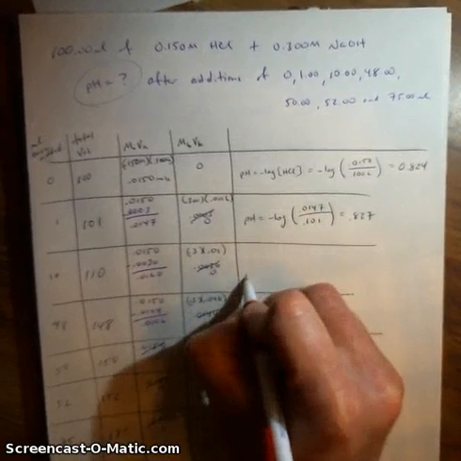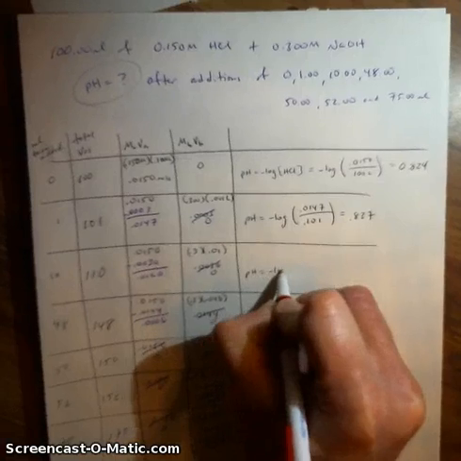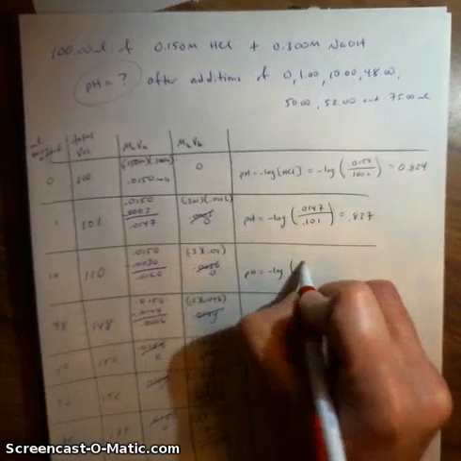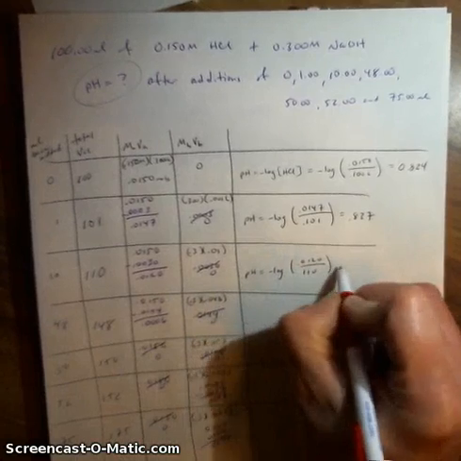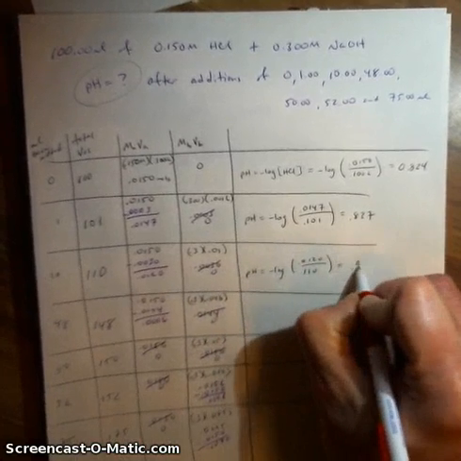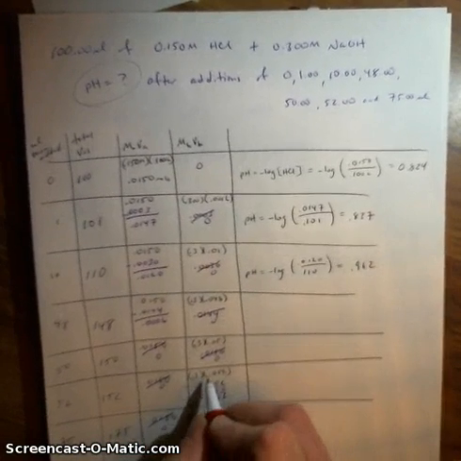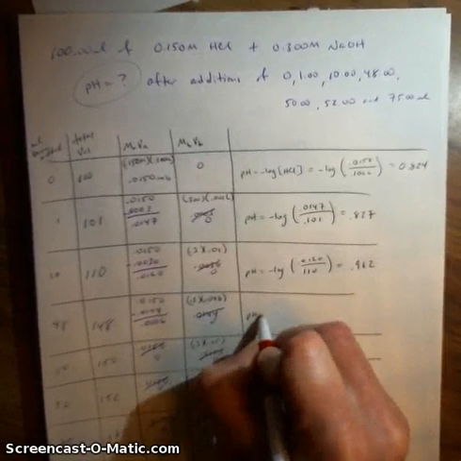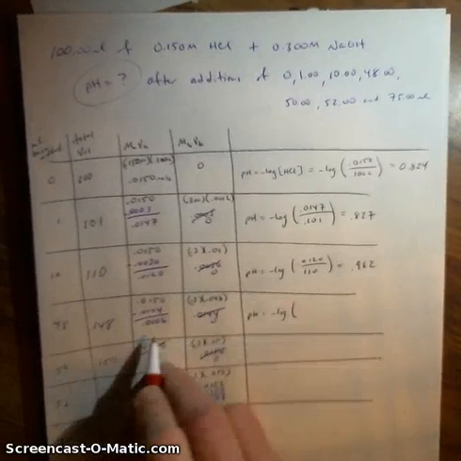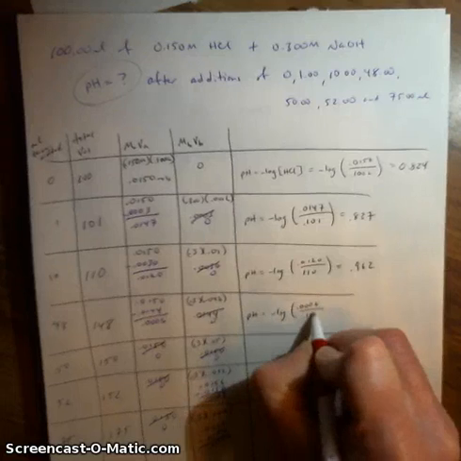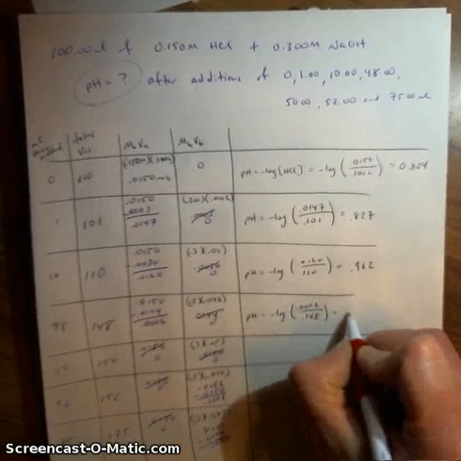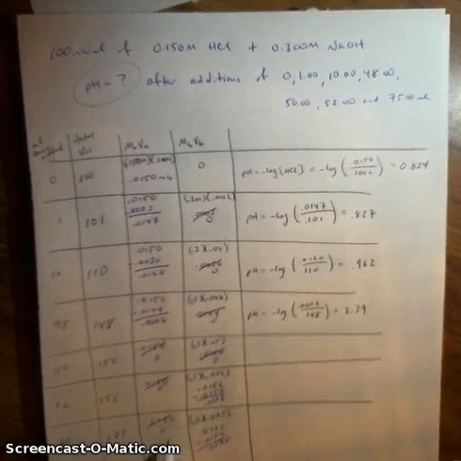Same process here. pH is negative log of moles that I have, 0.0120, over liters, 0.110, works out to be 0.962. Same process here. pH, negative log, 0.0006 over 0.148 is 2.39.